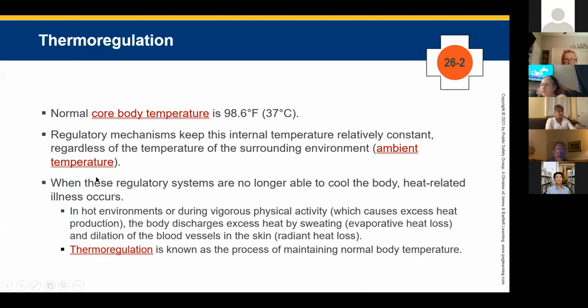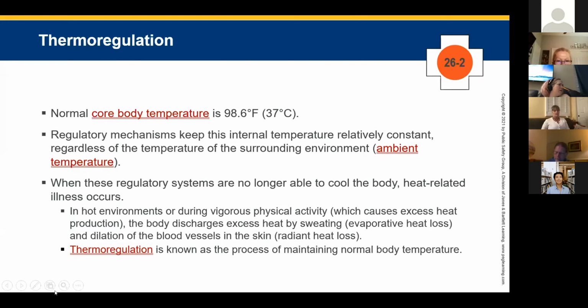Let me see what it says here. Temperature of the surrounding ambience. When these regulators no longer cool the body, heat-related illness can occur in hot environments or during vigorous physical activity, which can cause excessive heat production. The body loses excessive heat by sweating. So if you're sweating, it's good, through evaporative heat loss and dilation of blood vessels in the skin.